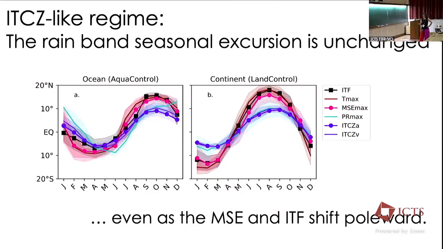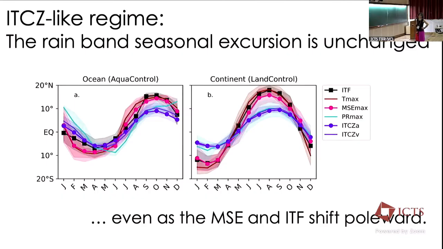We can look at how the rain band and the MSE change. And here is the ocean, aqua control. So here in blue, various forms of the ITCZ, two definitions. I don't even remember what A and V stand for, but two different papers.